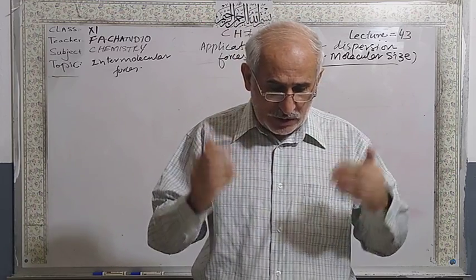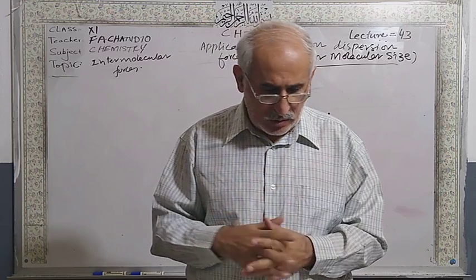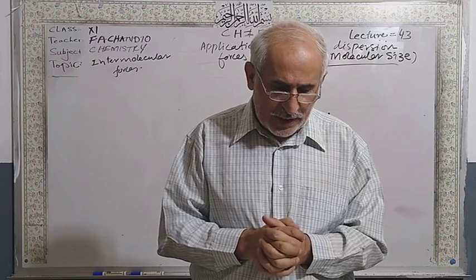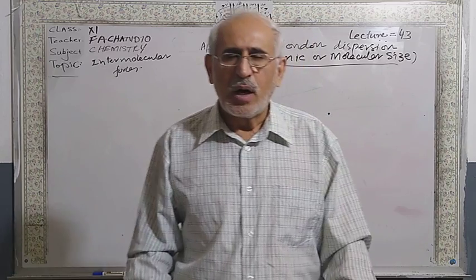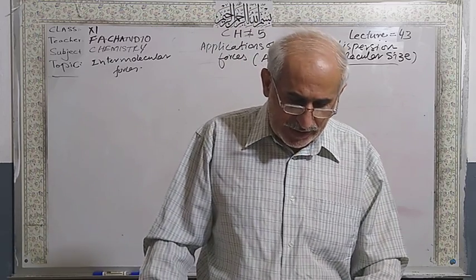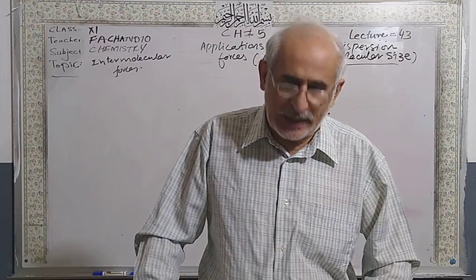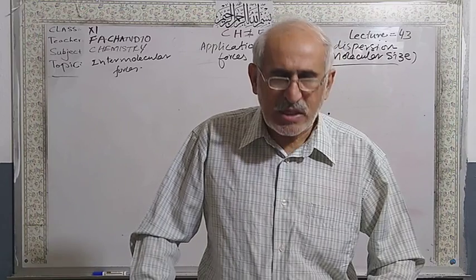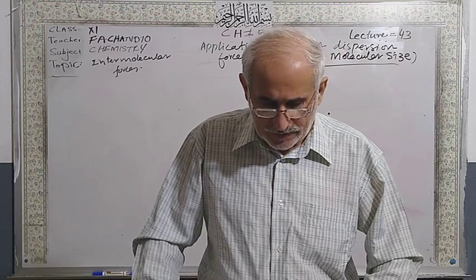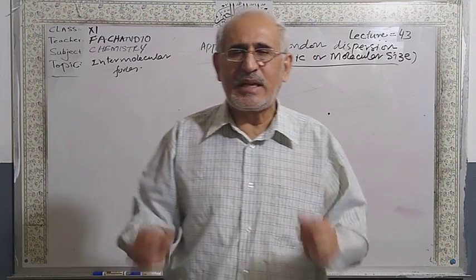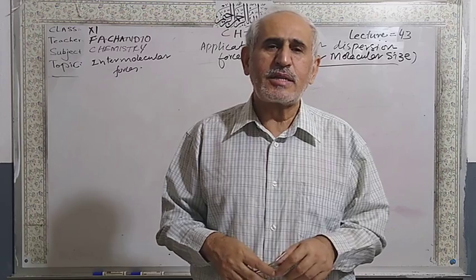For neon, the next element down, minus 245.9, it increases. Argon, only minus 185.7, again increased. Krypton minus 152, xenon minus 107.1, and radon is only minus 68.8 degrees Celsius.